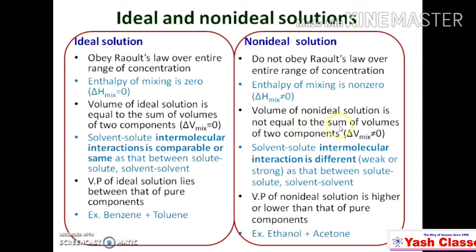It may be slightly less than that volume, or more than that volume, and therefore delta V mixing is non-zero. It may be greater than 0, or actually the difference is not 0. There is a difference in the volumes.